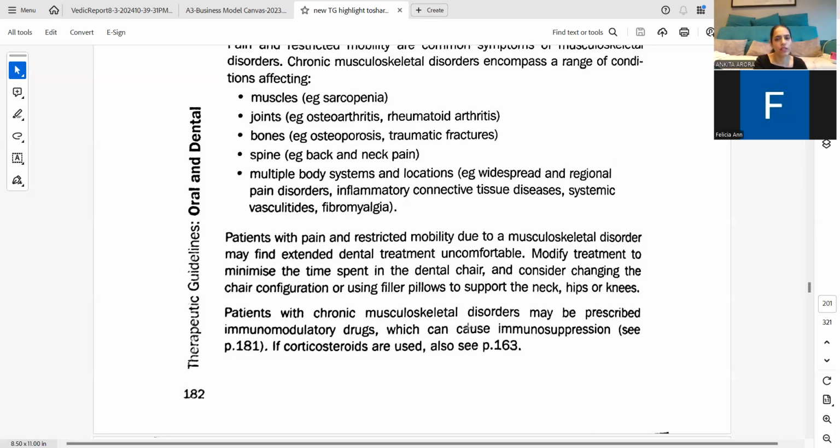Patients with chronic musculoskeletal disorders may be prescribed immunomodulatory drugs, which can cause immunosuppression.